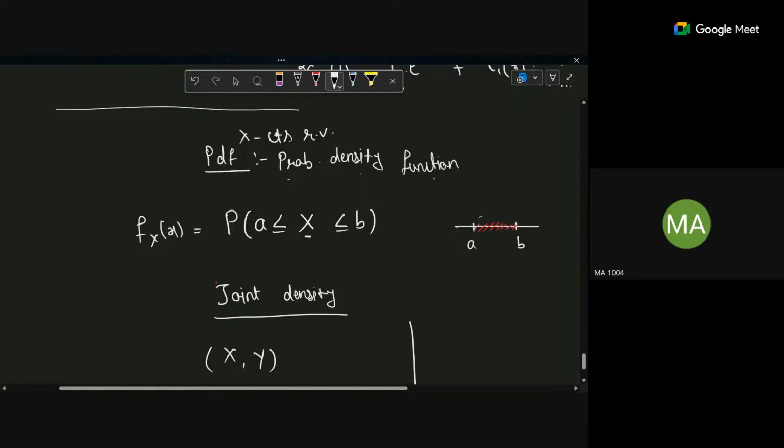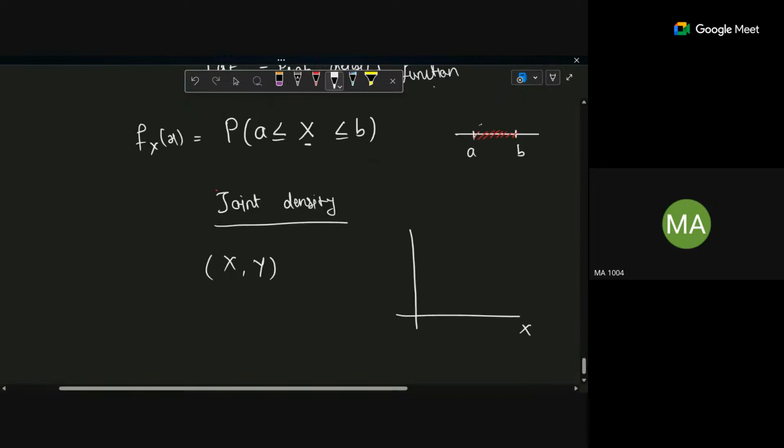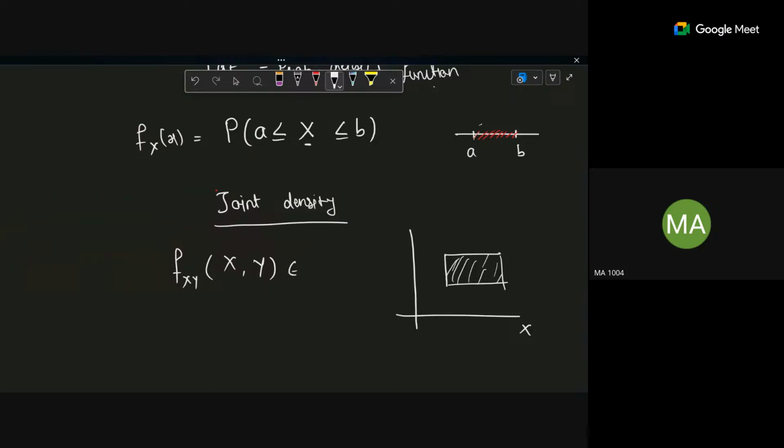Now what if X and Y both are continuous random variables and we want the probability of f_XY taking values x and y? This is the probability that X lies in some interval and Y lies in some interval. It will be a surface like this, so there will be a double integration, an area. The topics from there onward are covered in week 6.